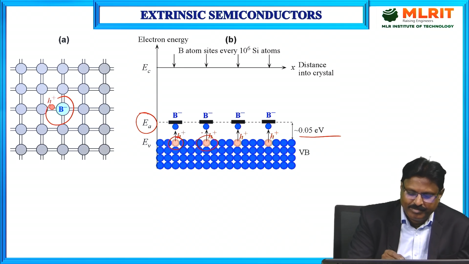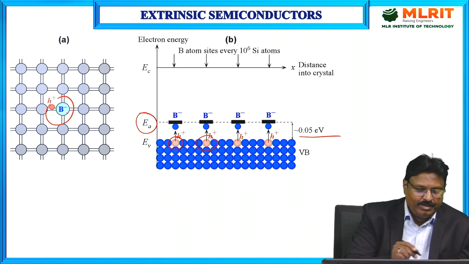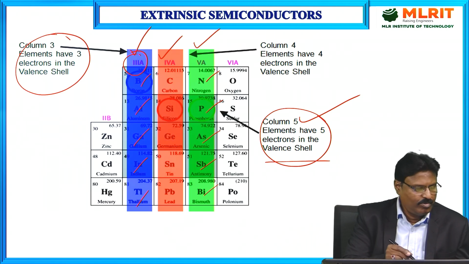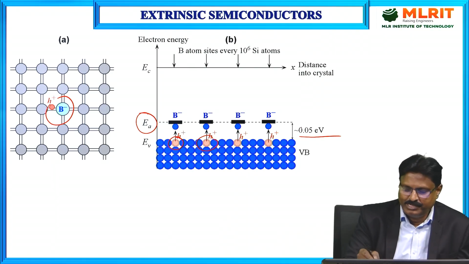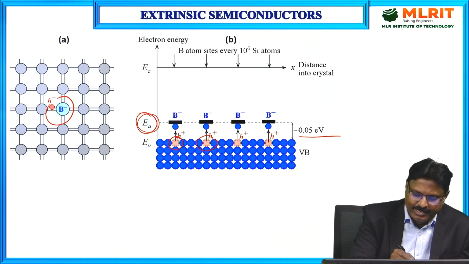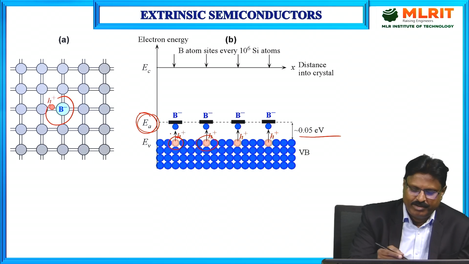As you can see here, whenever you are doping boron atoms into the system, what is happening? An energy level is created, which creates holes. Whenever holes are there, the electrons from the valence band will jump into those holes for recombination.